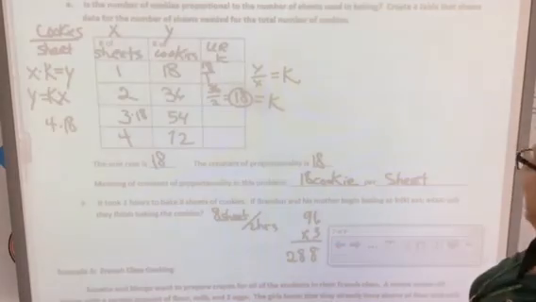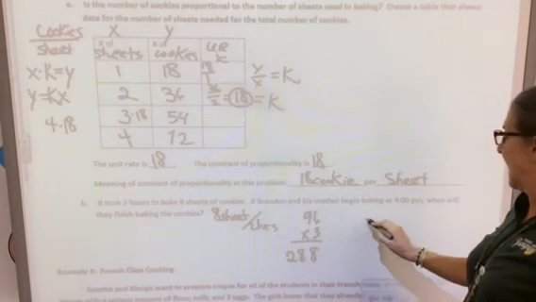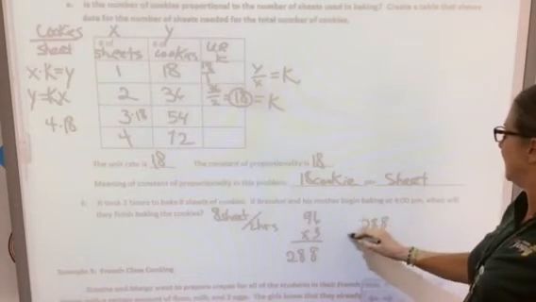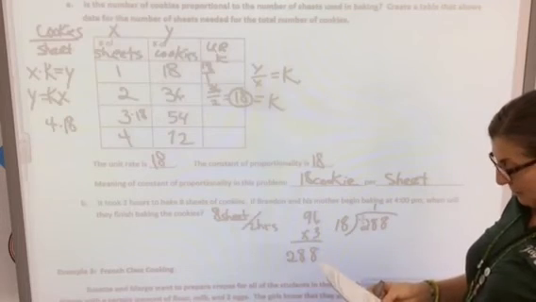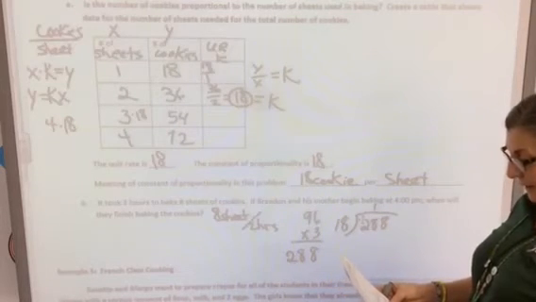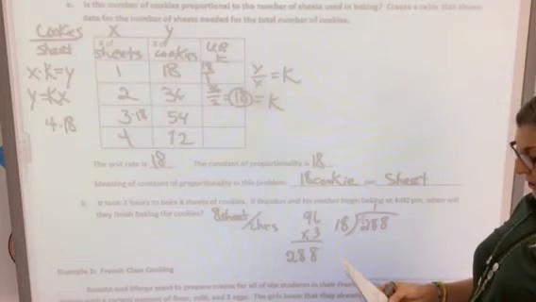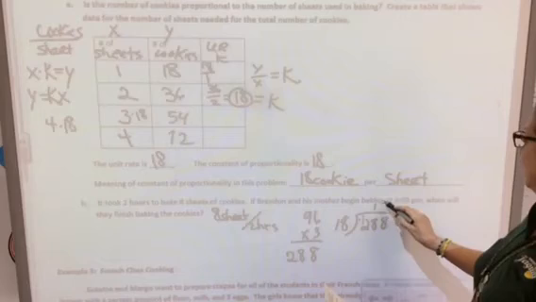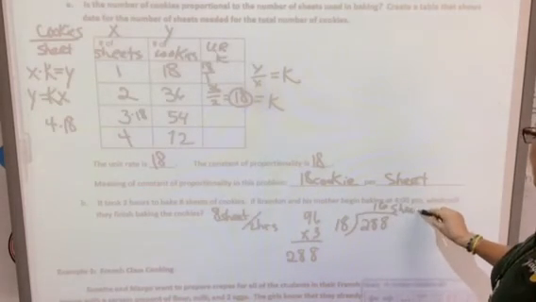So he has to make 288 cookies. And we know that we can get 18 on a sheet. So 288 divided by 18 is, let's see, I should be doing this on a calculator. Let's see if I have that. How many sheets? So that'll be 16. Okay, so we need 16 sheets.